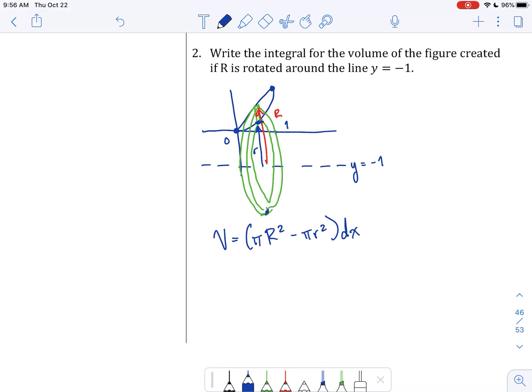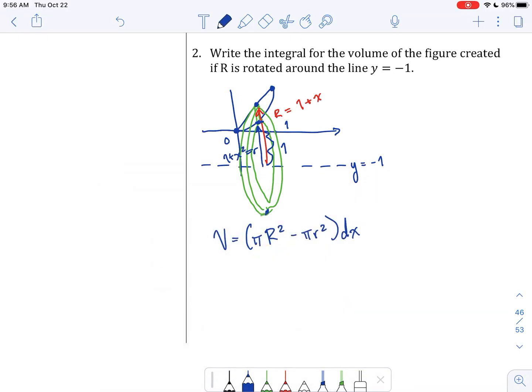Now, large R is going to go here, which is one space, because we're in between 0 and -1, plus this extra to here, which is x. So big R is equal to 1 plus x. Little r, by the same note, is equal to 1 plus x squared.